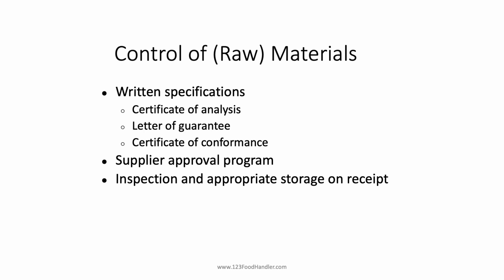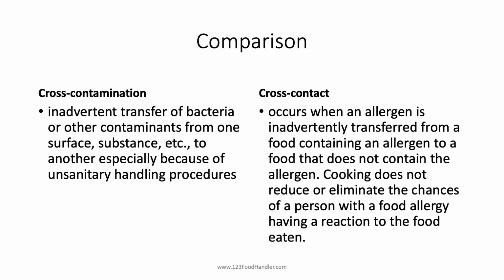cross-contact. So pretty important we take a look here at a comparison of some terminology I've been using. Cross-contamination is the inadvertent transfer of bacteria or other contaminants, including chemical contaminants, from one surface, substance, etc., to another, especially because of unsanitary handling procedures.